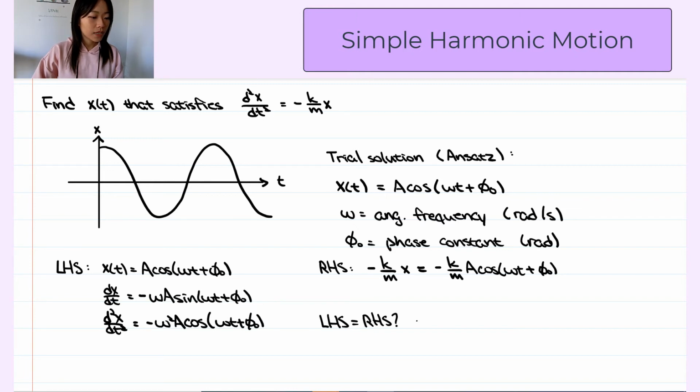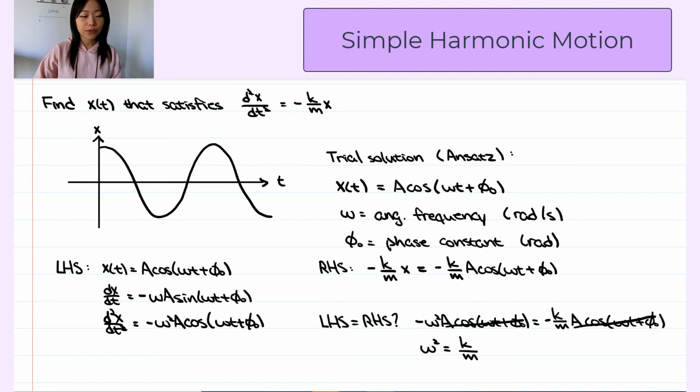The left-hand side was negative omega squared times A times cosine of omega t plus phi naught. And the right-hand side, we have negative k over m times A times cosine of omega t plus phi naught. We can cancel out the A times cosine function on both sides. And we have a negative on both sides, so we can cancel out the negative sign. So we are left with omega squared equals k over m.